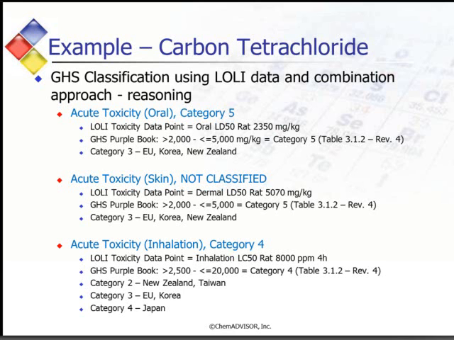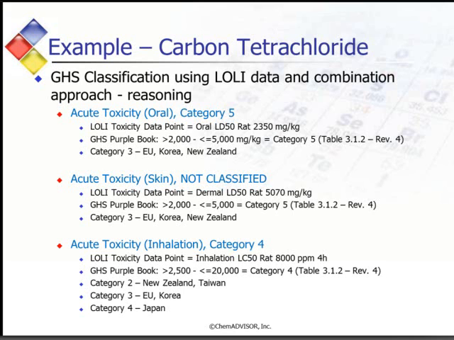OSHA would classify up to category 4 up to 2,000 milligrams per kilogram, and then category 5 goes all the way up to 5,000. However, this is above that according to table 3.1.2 in revision 4 of the Purple Book. There are 3 countries, the EU, Korea, and New Zealand, that classify this material as category 3. Here we've prioritized the specific data endpoints that we have over the country-specific classification.